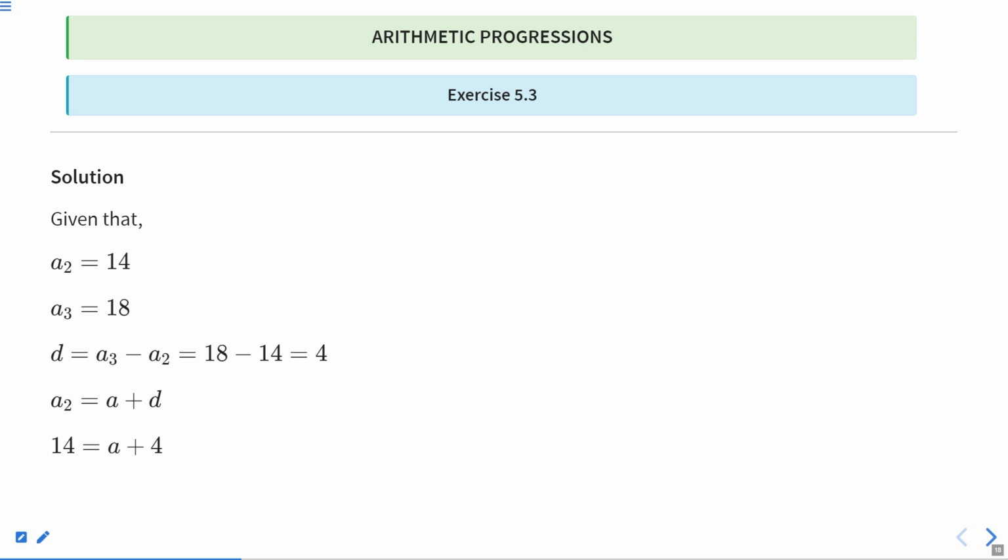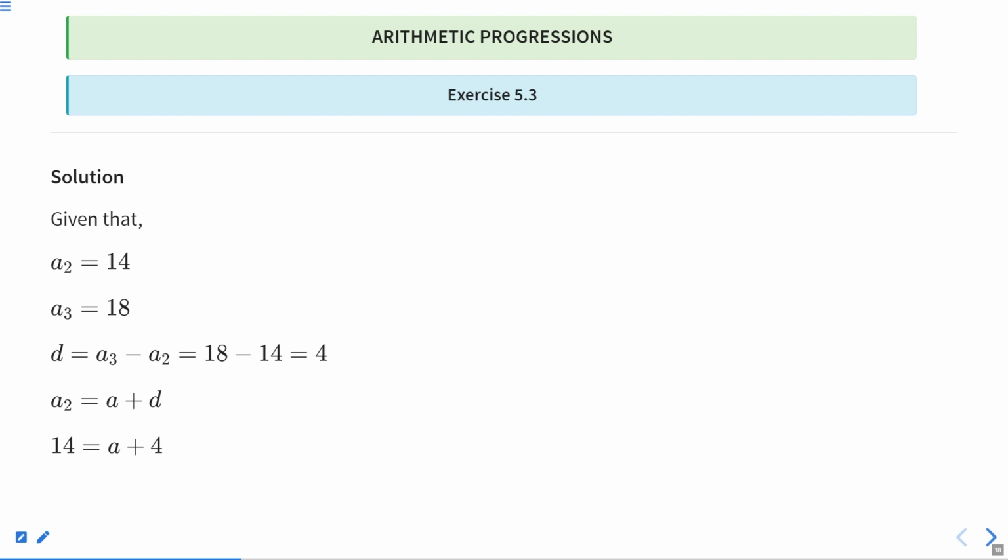And we know this formula, the nth term of an AP, an is equal to a plus n minus 1 times d. Okay, so here the common difference d is equal to a3 minus a2, that is equal to 18 minus 14, that is equal to 4.